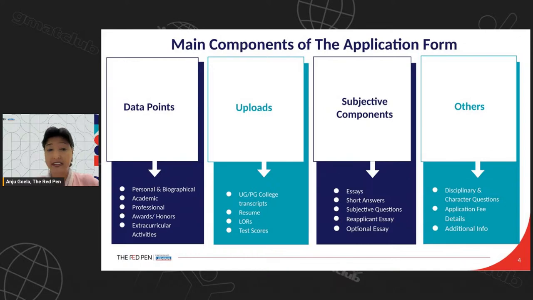Now, the transcripts are another reason why you should start working on your application forms early. You need to look at the requirements that each school has. And in case you are missing a document, you need to go back to your undergrad or your postgrad institution and ask them for it.